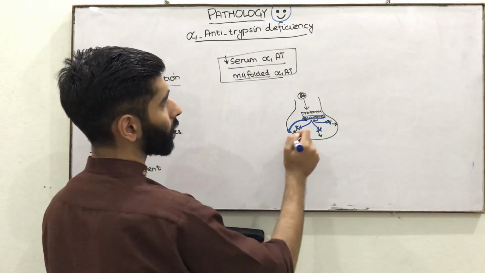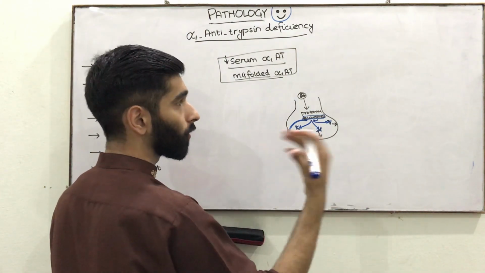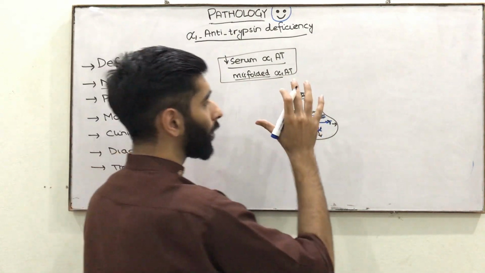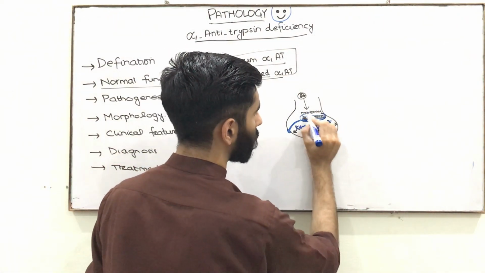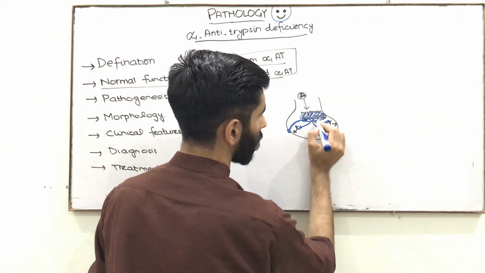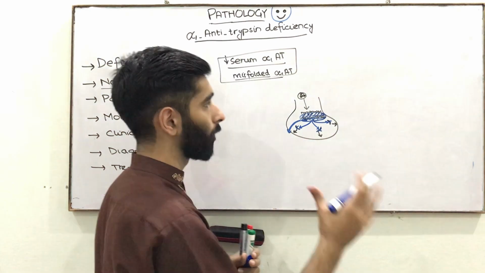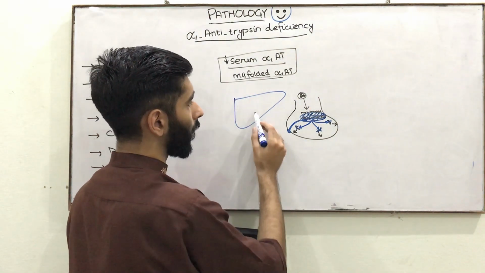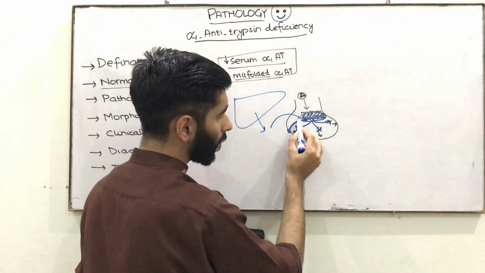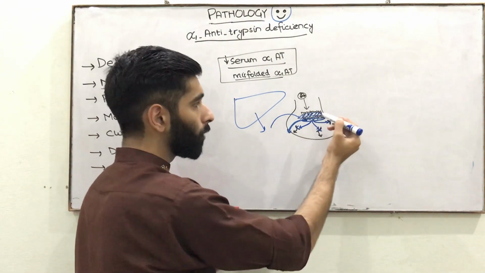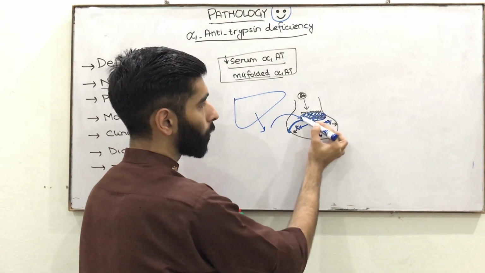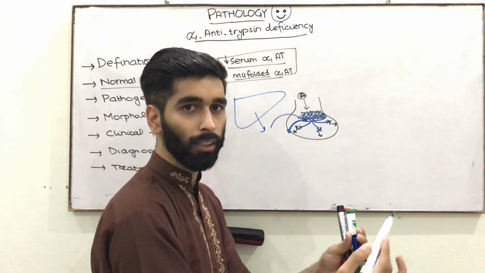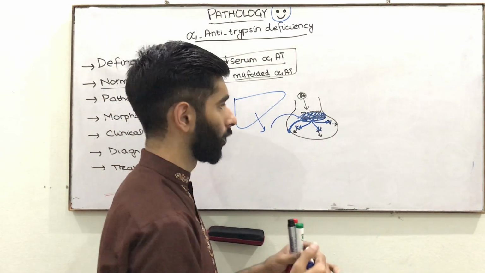So what is the function of alpha-1 antitrypsin? It will bind and inhibit this elastase. Alpha-1 antitrypsin is synthesized in the liver, enters the bloodstream, binds and inhibits this elastase, and prevents the destruction of the elastin present in the wall of alveoli.